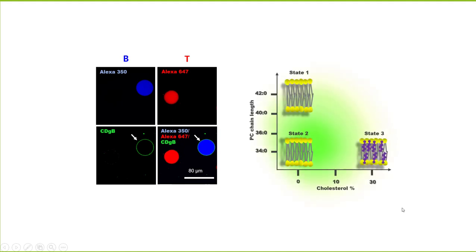This model is made by, of course, the different chain lengths and also different cholesterol contents. So B cell is around here, T cell is around here. So this means that even without any protein compositions, only the lipid composition as the control, we can differentiate two types of cells.